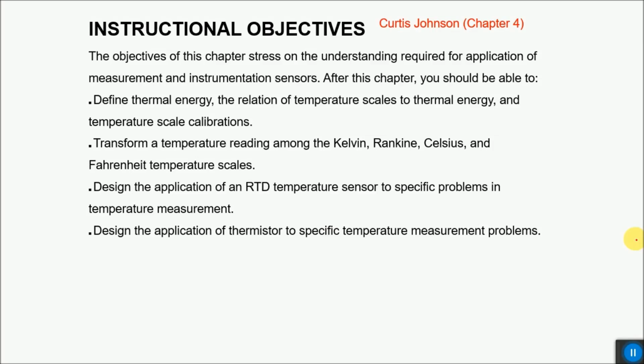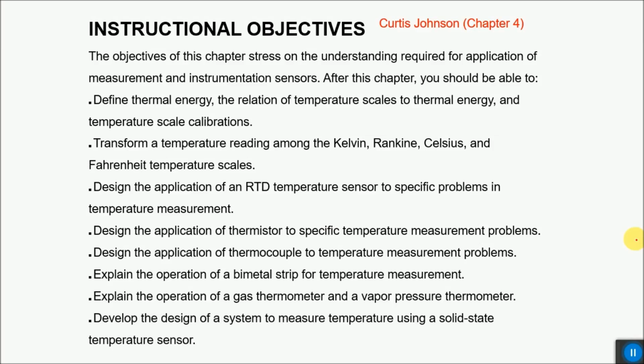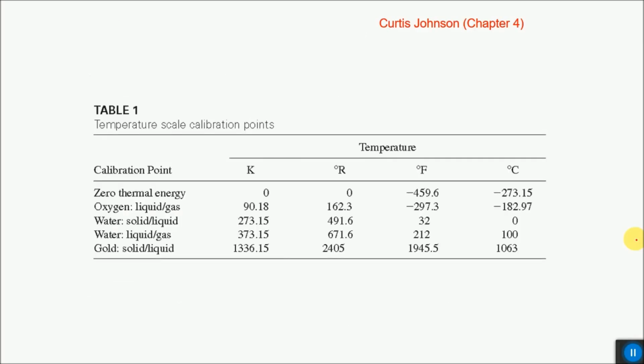Then we should be able to design the application of RTD, thermistor and thermocouple based temperature sensors to specific problems in temperature measurement. We will also be able to explain the operation of other types of sensors like bimetallic strip, gas thermometers, vapor pressure thermometers, solid state sensors, and so on. And then we will be able to design the system to measure temperature using the above mentioned types of temperature sensors.